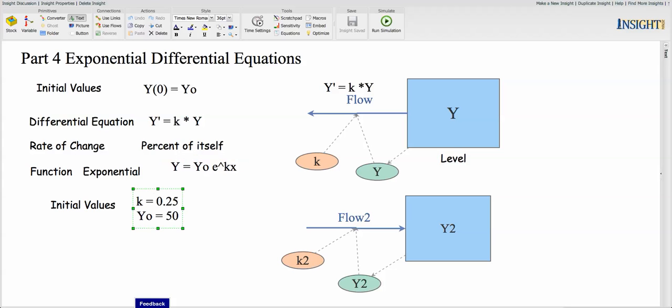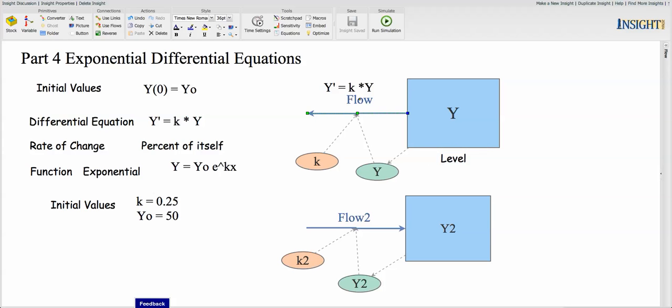The initial values that we're going to put into the model are k equals 0.25 and y sub 0 equals 50. So what we're doing here is showing two models. Again, this is a level and a flow model.